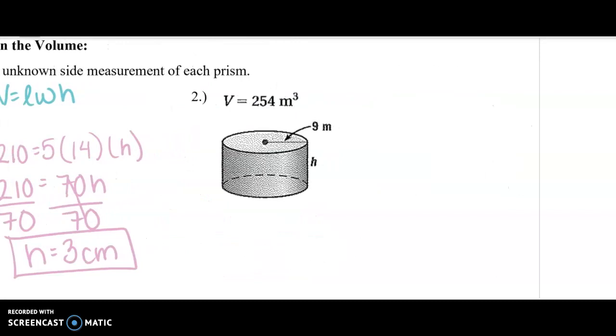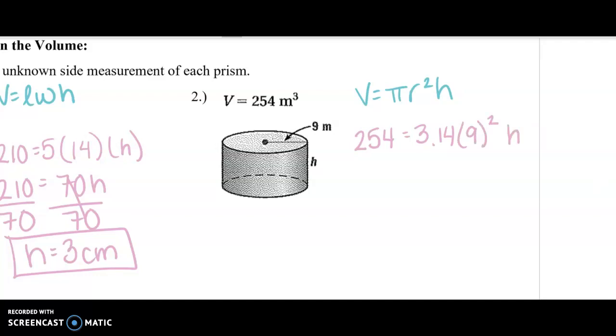Number 2, we're doing a cylinder. Formula for that, volume is equal to pi r squared h. Okay, so let's fill in. We know the volume is 254. Pi is 3.14. My radius is 9, so I'm going to square that.